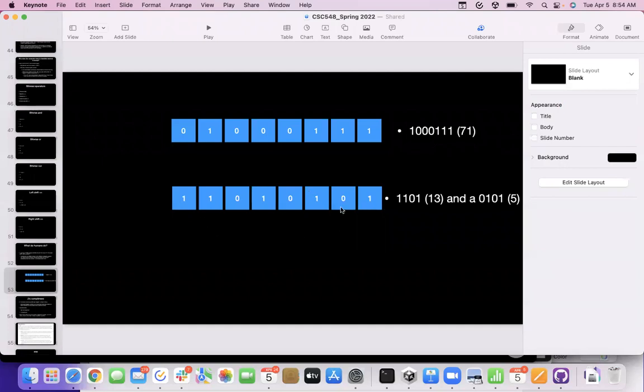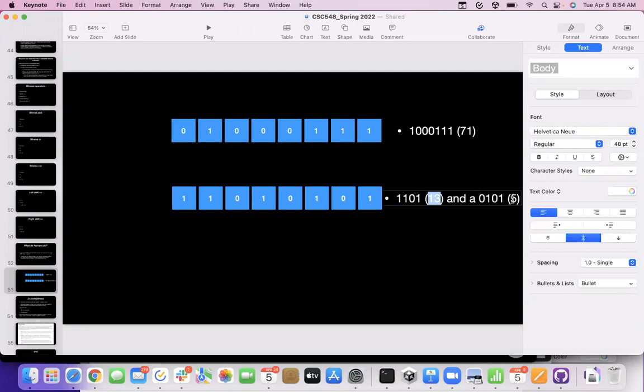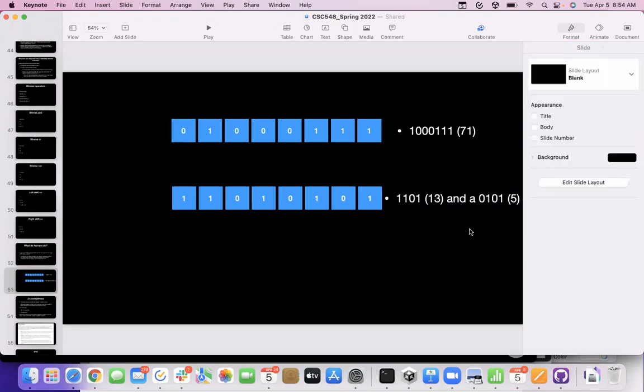But this second one here gets a little bit tricky. We've decided to be clever. As humans, we decide, you know what, I need to store the number 13 and I need to store the number 5. Well, why use 2 separate hardware registers for this, when, since both of those can be represented inside of 4 bits, I could use 4 of the bits for one of the numbers and the other 4 bits for another number.